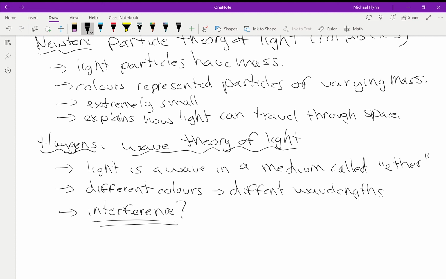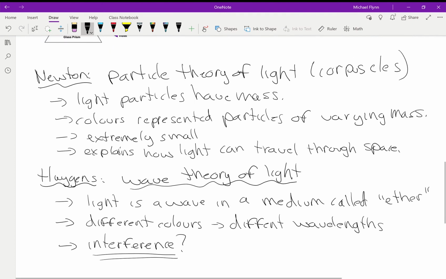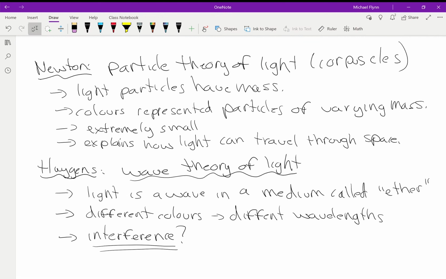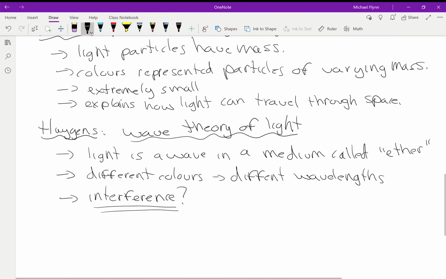But actually, Huygens was unable to observe interference at the time. So there were a few questions about Huygens' theory. It turns out that for about 200 years, Newton's theory was preferred and taught in school. And then 200 years later, everything changed.